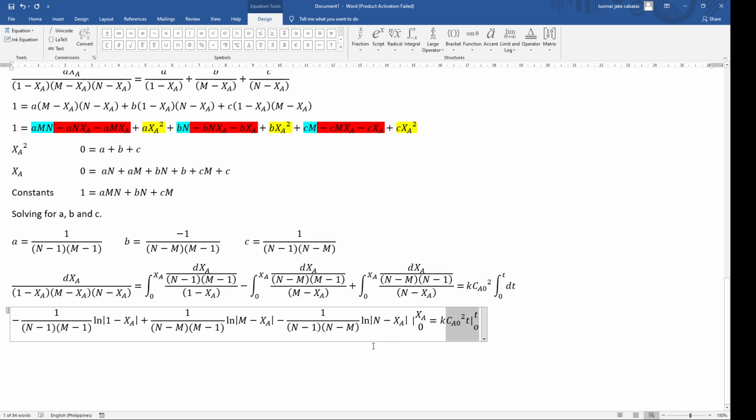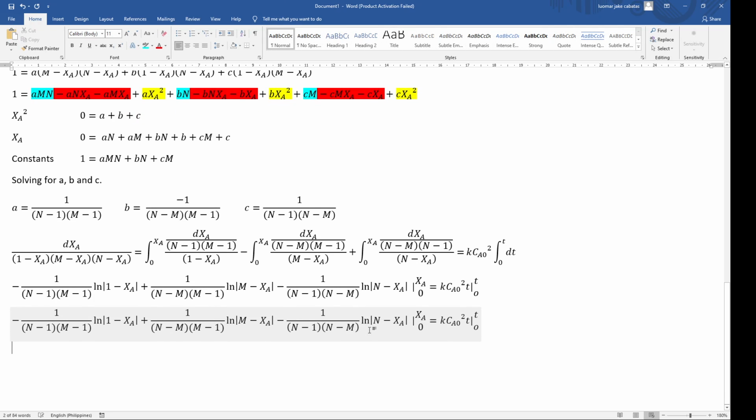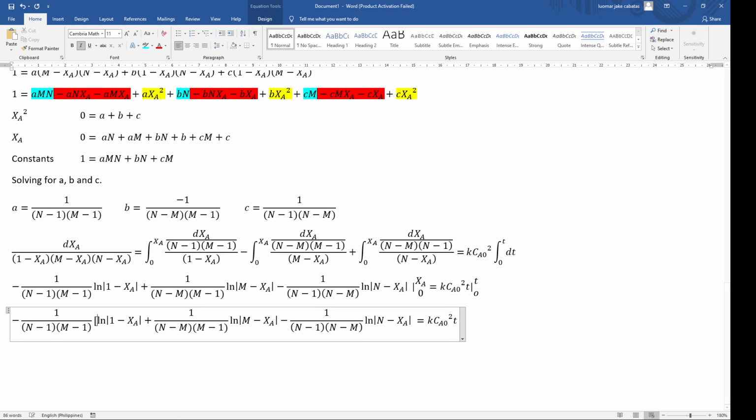So first we need to apply the limits before we proceed with simplification. So applying the limits and all of this. So this is just t, and for this we have minus ln of 1 minus 0.